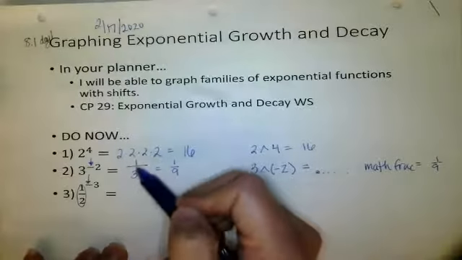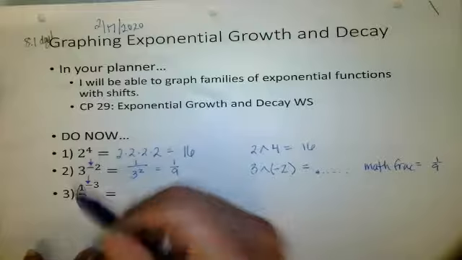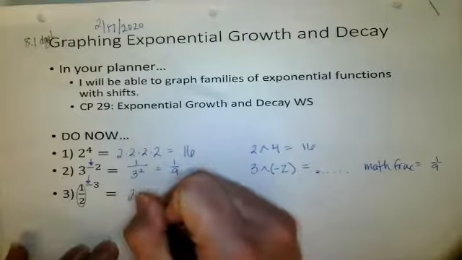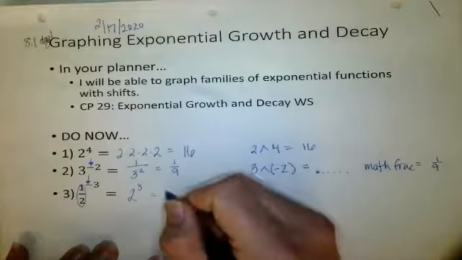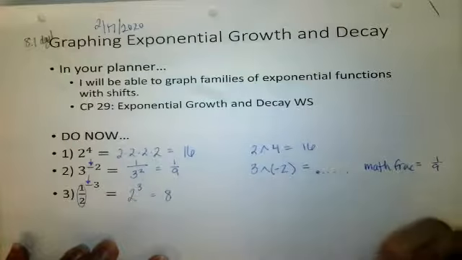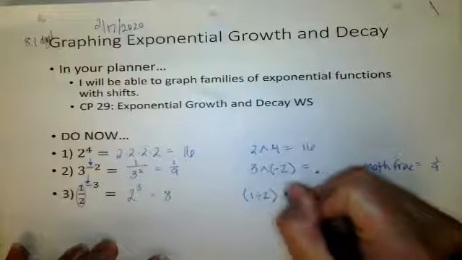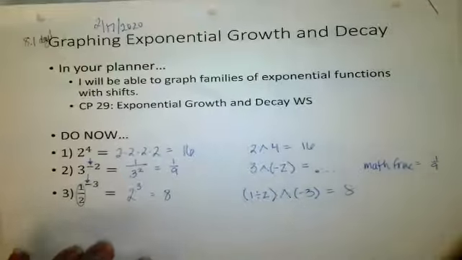So if we have a fraction already, we just need the reciprocal, which would flip that. So it'd become 2 to the 3rd power, which would give us 8. And again, this is something you could put into your calculator. 1 divided by 2 to the negative 3 power, and it'll give you 8.